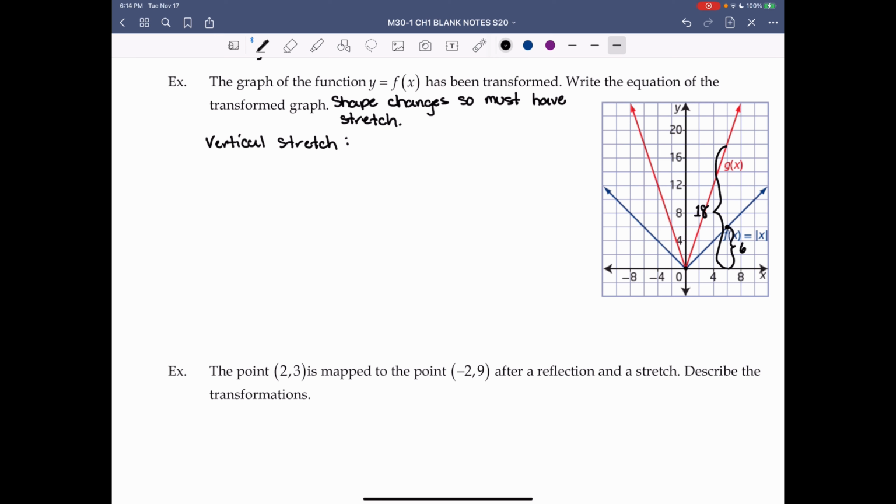So I have the point 6, 6 on the original function, and that's going to go to the point 6, 18 on the new function.